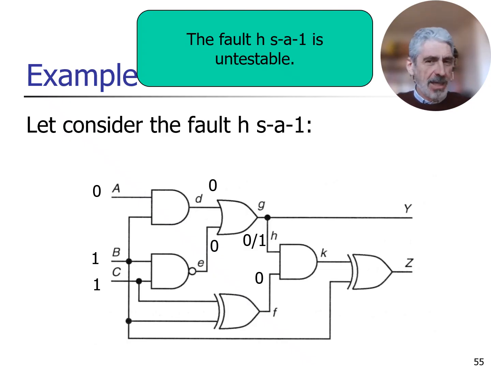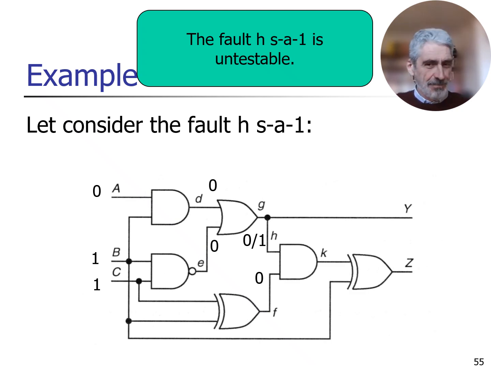In practice, I cannot propagate the fault to any output. This means that the outputs of the circuit do not depend on the value on H. But if a line is not able to affect the values of the outputs, it means that the value on this line is not important.